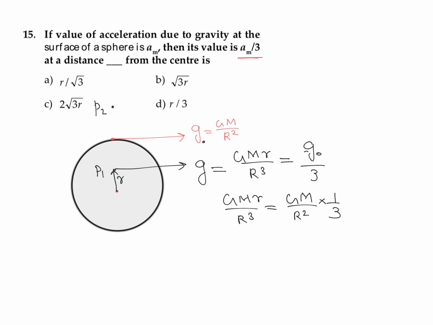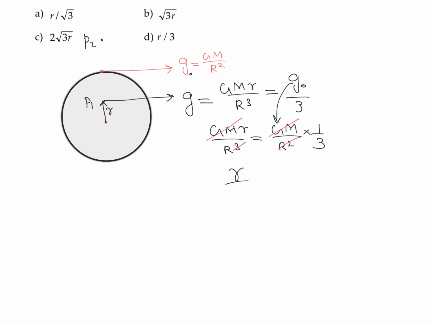Instead of this g naught, I am just writing it as GM divided by R square. So we can cancel GM and GM, R square and R square over here. So the remaining thing is r divided by capital R is equal to 1 divided by 3. So I'll get the value of this r is equal to R divided by 3. So this can be one option.